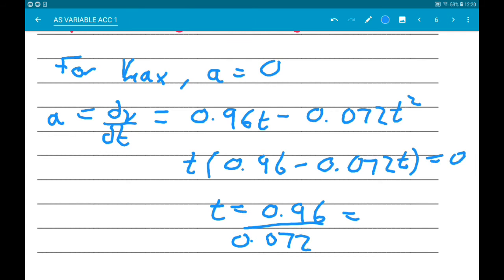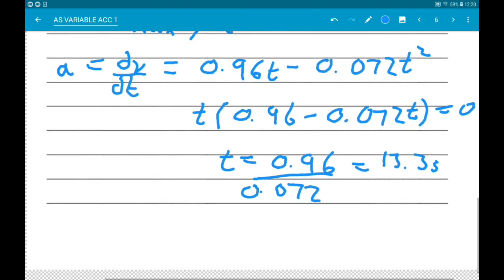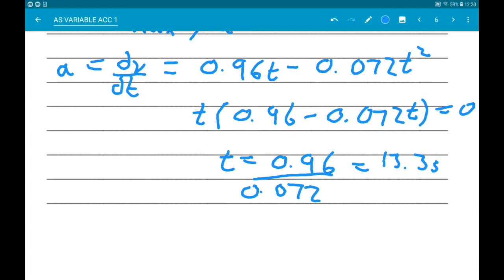Now, to 3 sig figs, that gives us 13.3 seconds. Okay, so we now know the time of the maximum speed. So what we do now is substitute t equals 13.3 into v. For that you should get 28.4 meters per second.